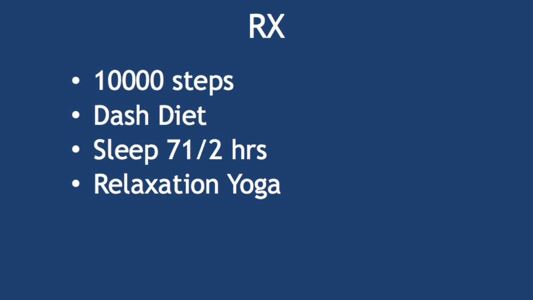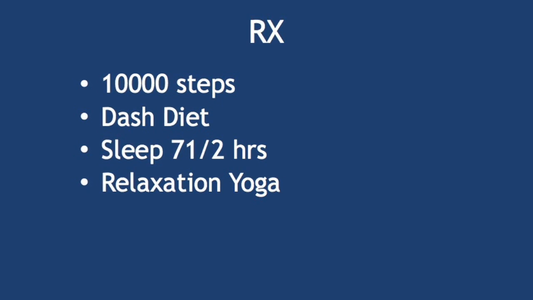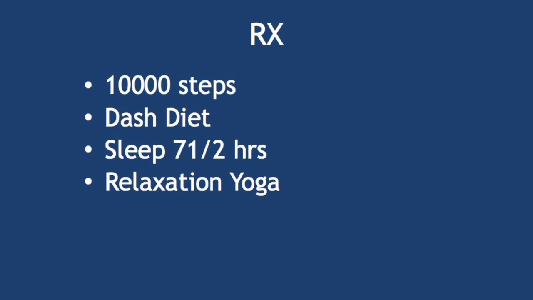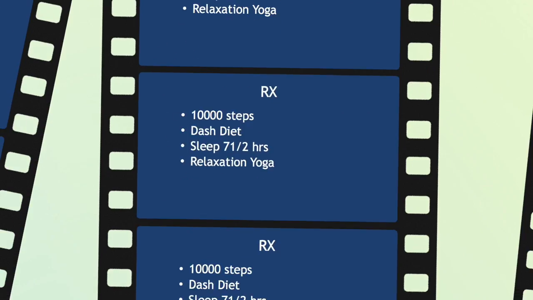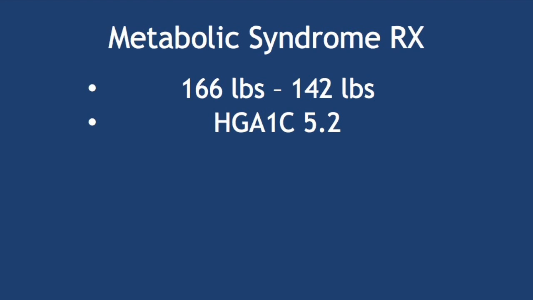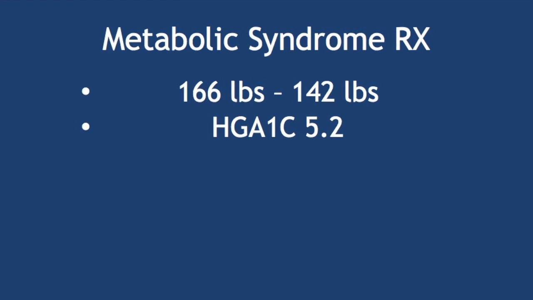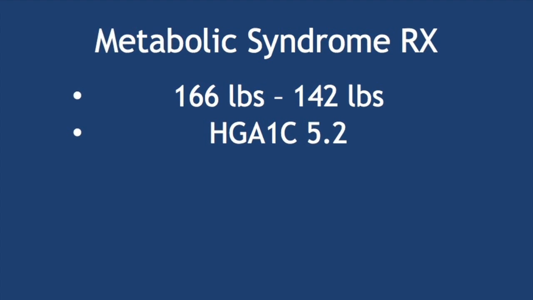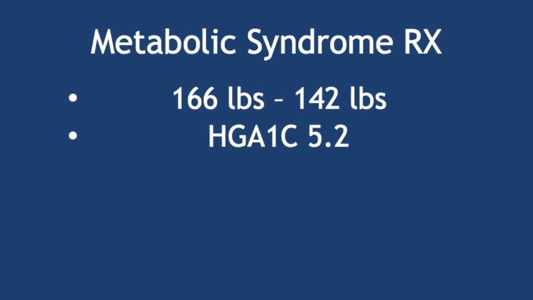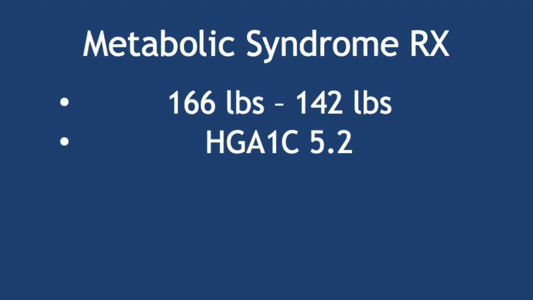Then the treatment was modified to include the 10,000 steps, DASH diet, sleeping 7.5 hours, and also doing yoga. This person's weight dropped from 166 to 142 pounds, and the hemoglobin A1C dropped from 5.9 to 5.2.